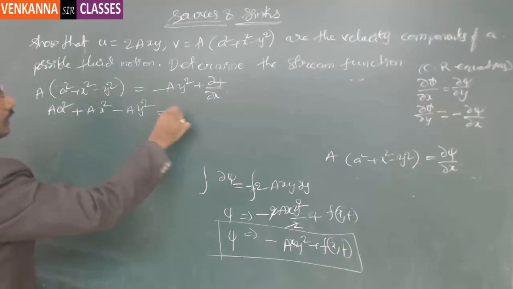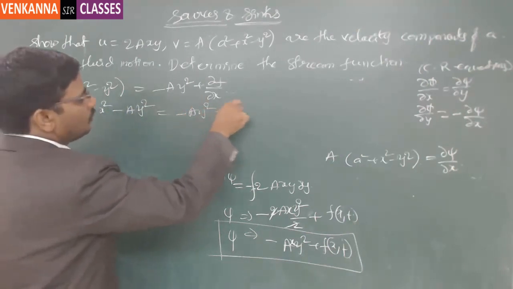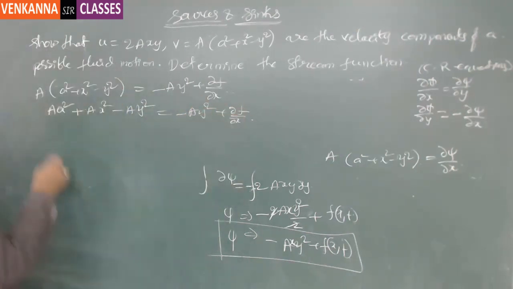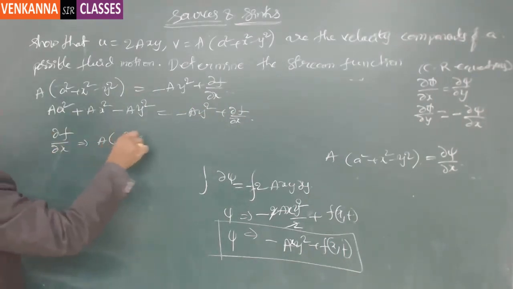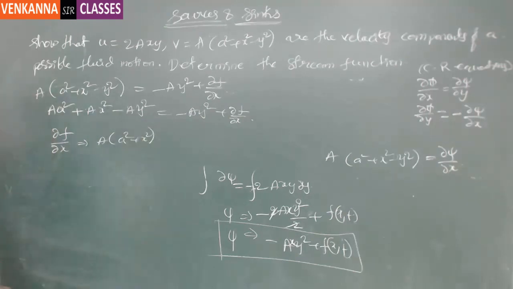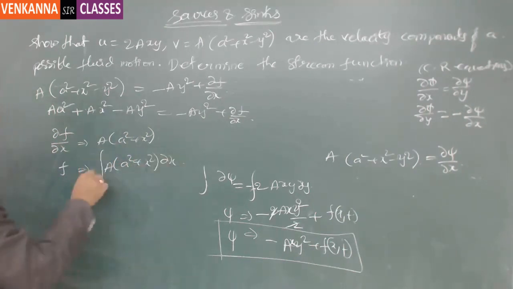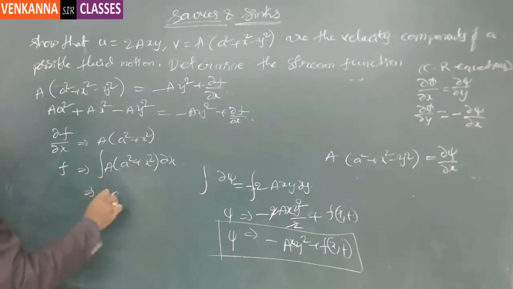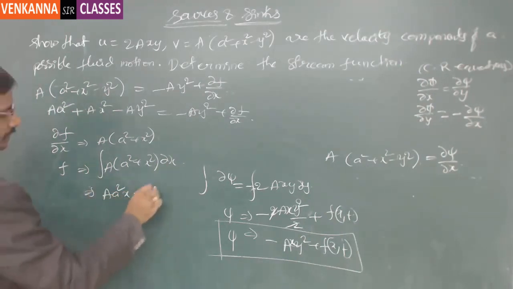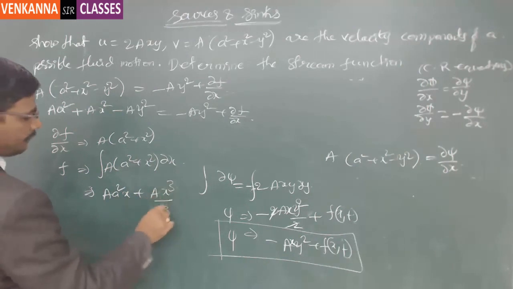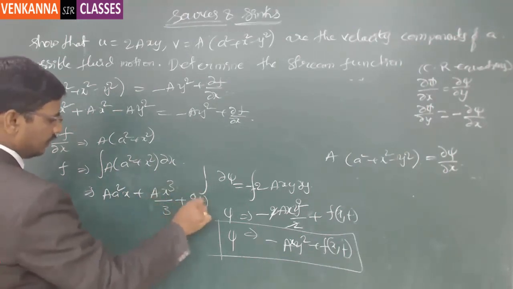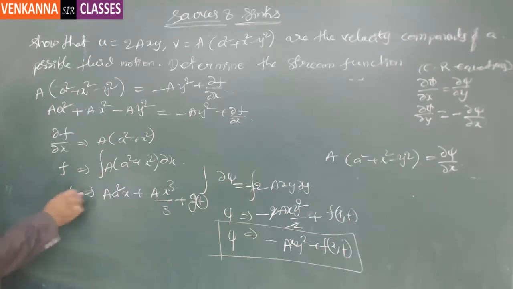Now if you correlate the corresponding terms, ∂f/∂x can be equated to a into a² plus x². Then if you want to find out f, this can be integrated with ∂x. So this is a into a² into x plus a into x³ by 3 plus some random function of t alone. So this is the function f. Got it?